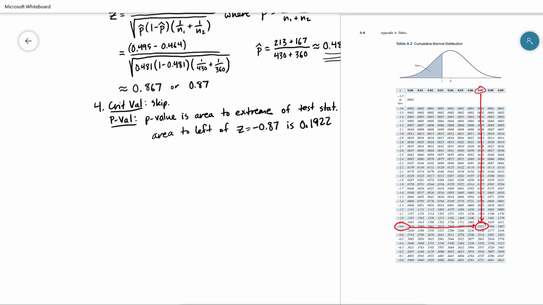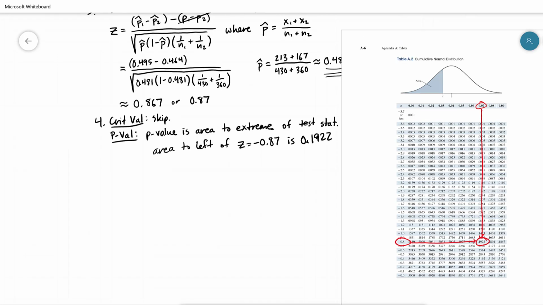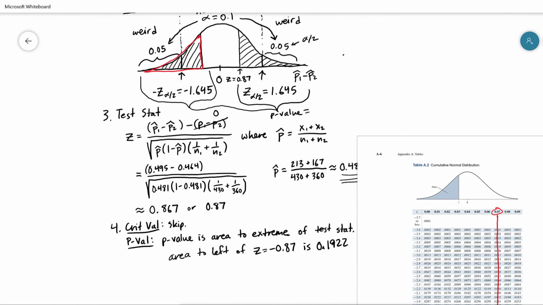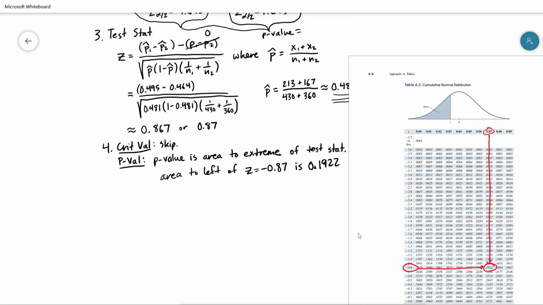But that's only the shaded region that I drew up here in red. So that's only this one. If I want the combined area, I need to now double this number. So if I double that number, we do 0.1922 times 2, I get 0.3844.